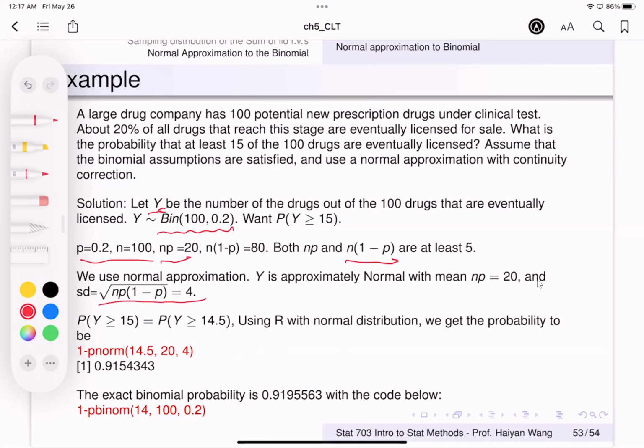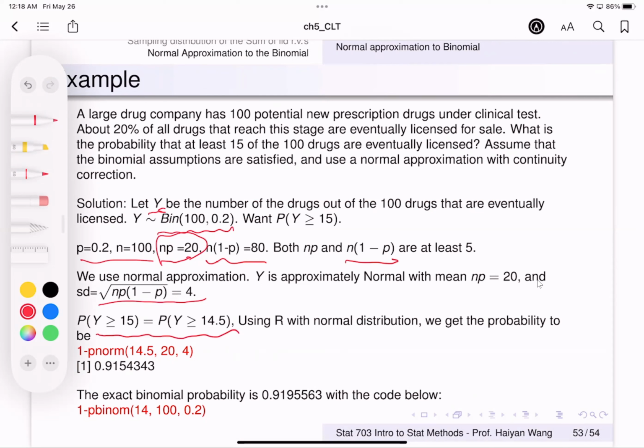This approximation requires a condition: we know the approximation is good if np and n times 1 minus p are both at least 20. In this case, np is 20 and n times 1 minus p is 80. Both of them are at least 20. Therefore, the approximation should be fine, so we can use the normal approximation to do the computation.